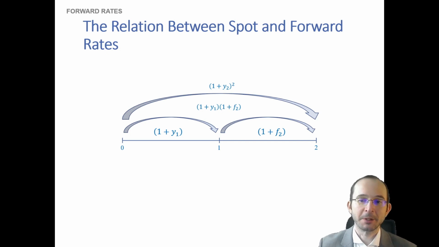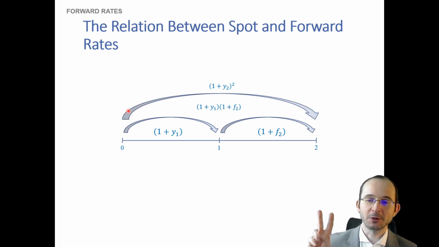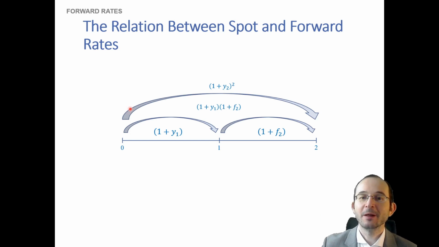To visualize that, we can essentially think of it as our two alternatives. We can either lend for 2 years at the 2-year spot rate. Of course, remember, since we're lending for 2 years, we're going to compound the per year 2-year rate twice, and that'll get us to the 2-year horizon.